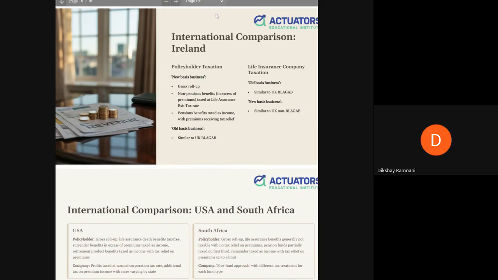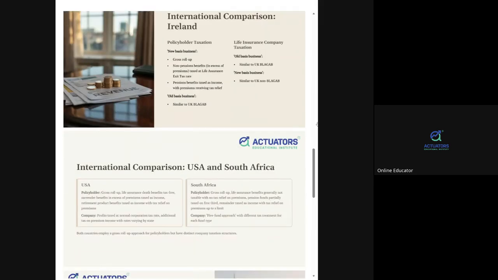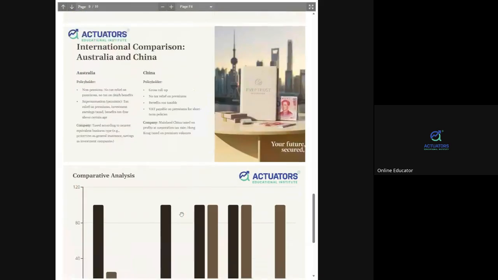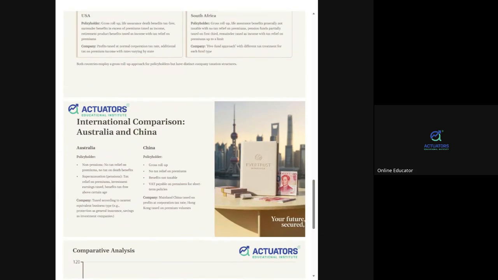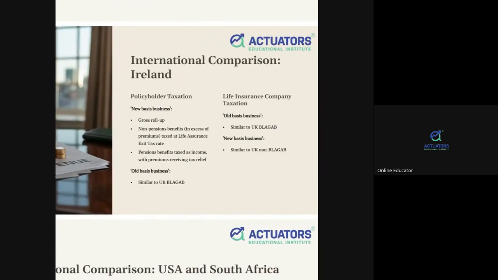All good? Yeah. Now, Ireland has a taxation system that's very similar. They've considered a few more legislations. They've talked about Ireland, the US, South Africa, and if I'm not wrong, Australia and China as well, right? So they've talked about these different countries as to how policyholder taxation and life insurance taxation looks there. Ireland taxation is very similar to the UK taxation.